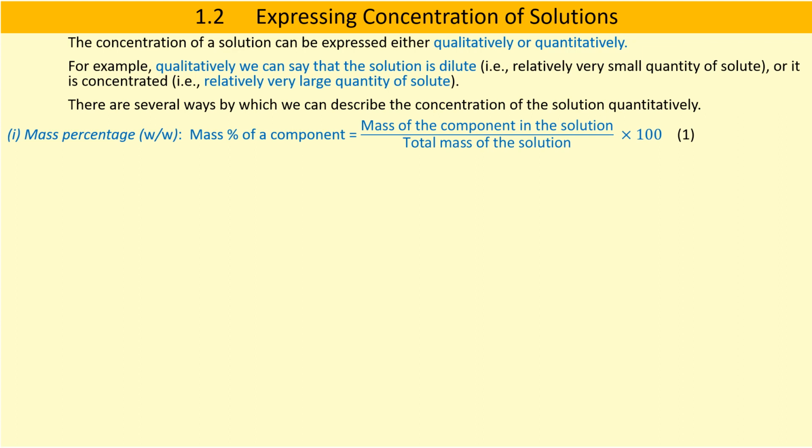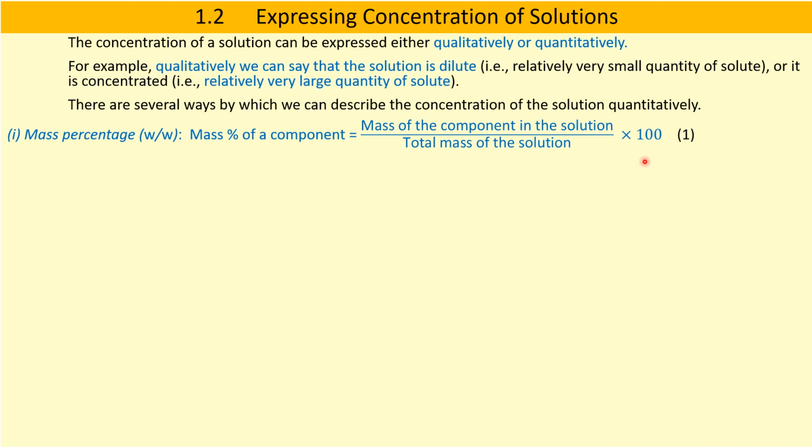First way is mass percentage. The mass percentage of a solution is defined as mass of the component in the solution divided by total mass of the solution into 100.